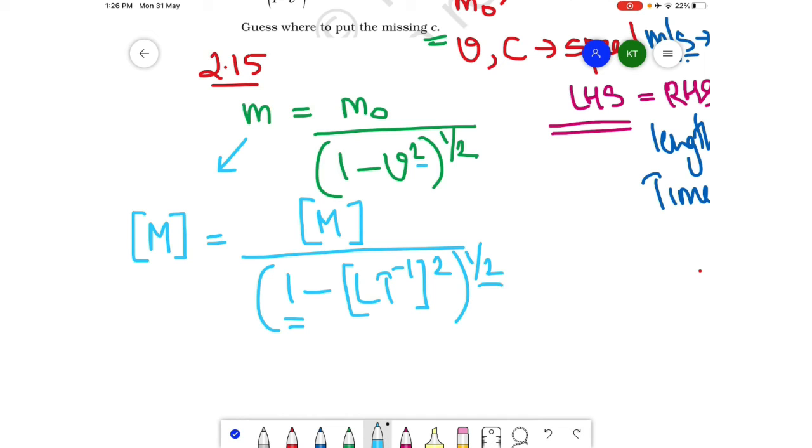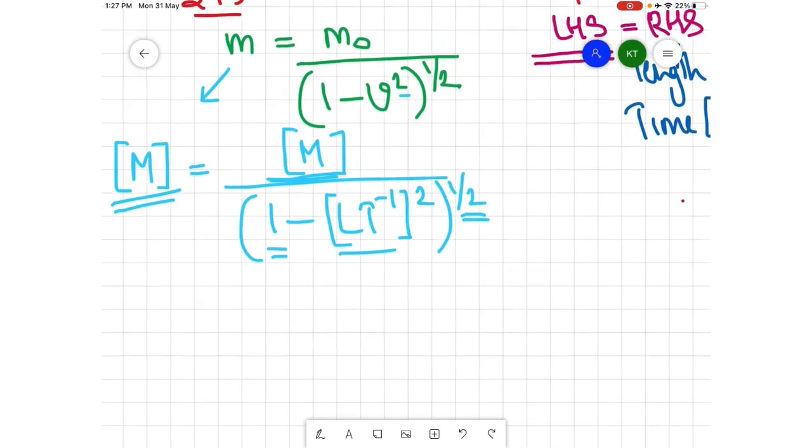1 is a dimensionless quantity, like numbers are dimensionless quantities. We need LHS, we know LHS is M. RHS also has to be only M. So we need to somehow cancel this LT raised to minus 1.